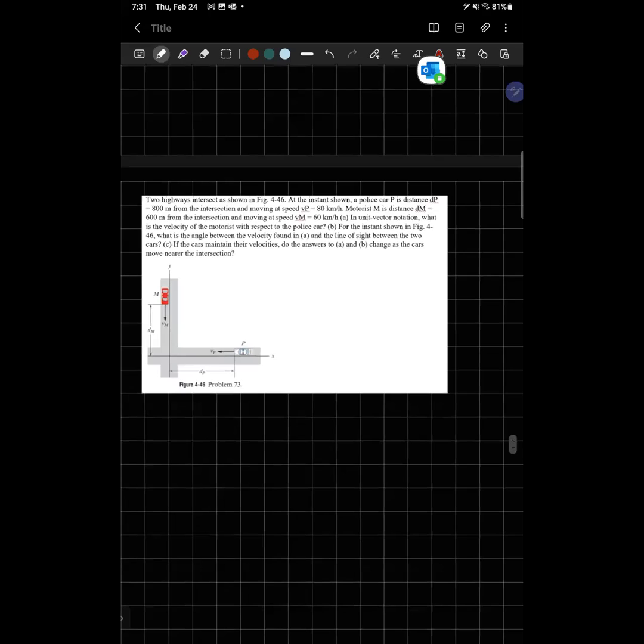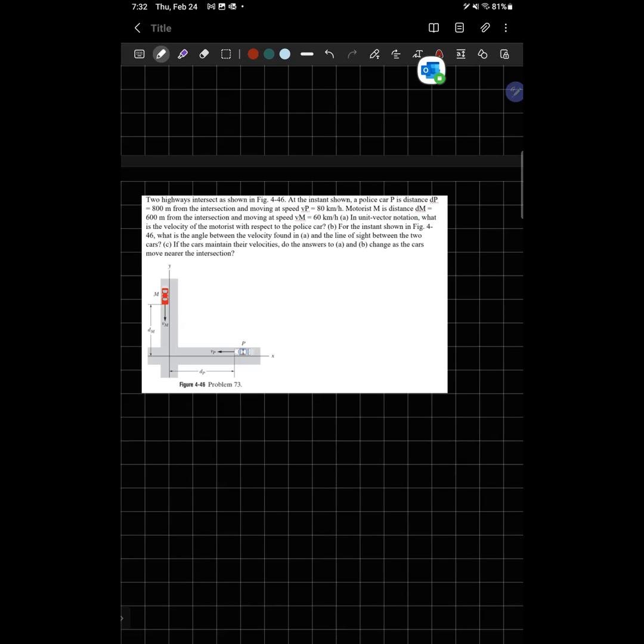Next is everybody's favorite topic, and that's relative motion. So two highways intersect as shown in the figure below. At the instant shown, the police car P is distance D equal to 800 meters from the intersection and moving at a speed of Vp equal to 80 kilometers per hour.